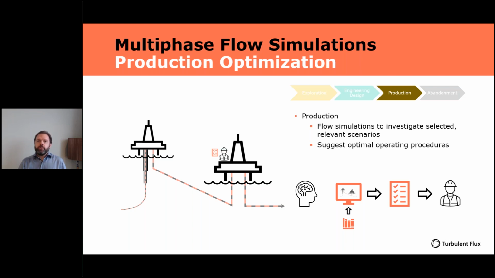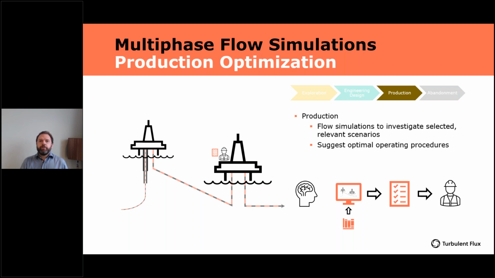And the one thing we know is that nothing is ever truly average. So if you want them as performant as possible, you need to calibrate. So you provide your experts with the latest production reports, they create the models, they calibrate their models, and then they look at different scenarios, different operations, and then they can suggest an optimal operating procedure that can then be handed off to operations.